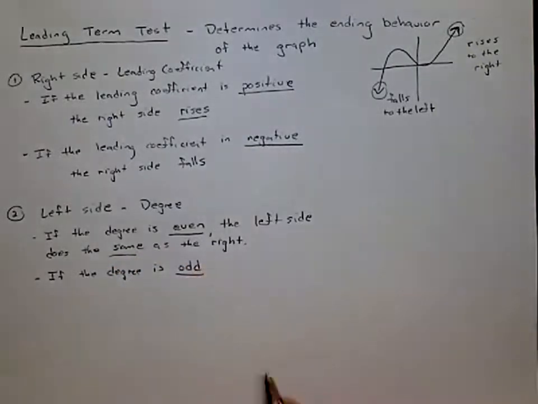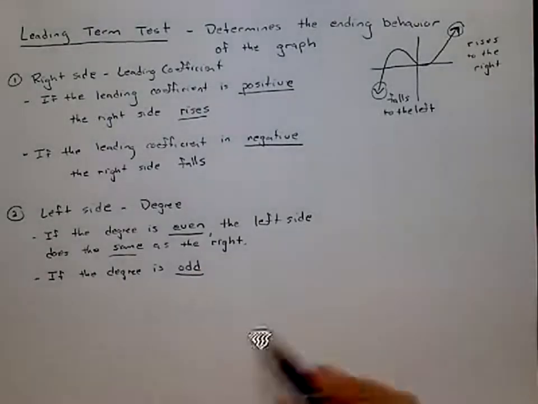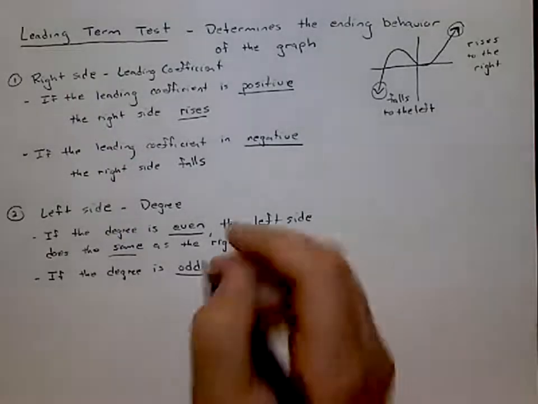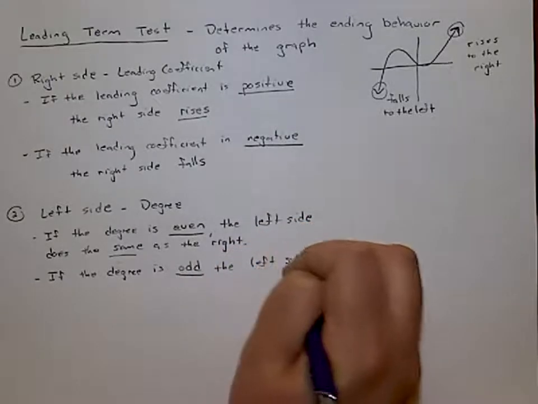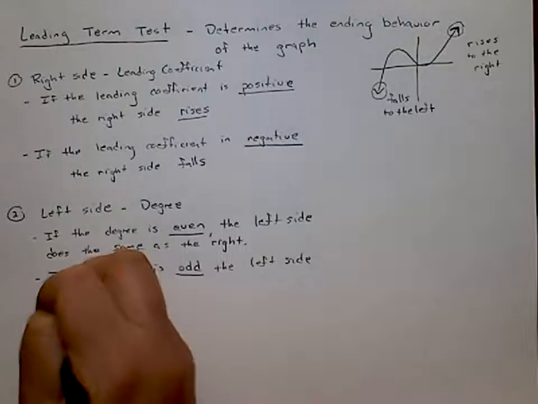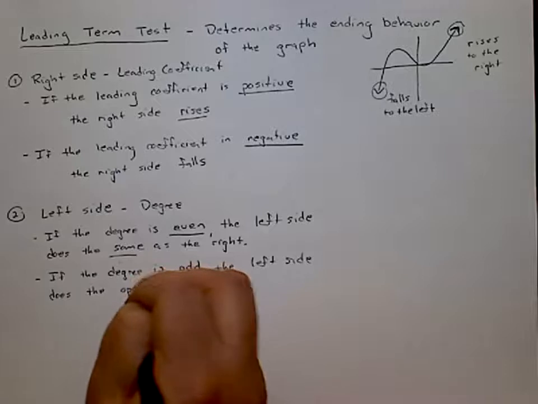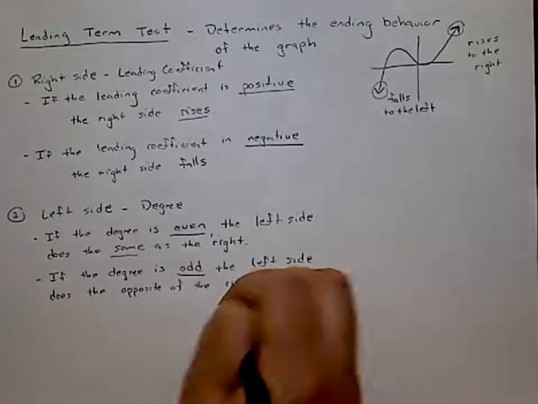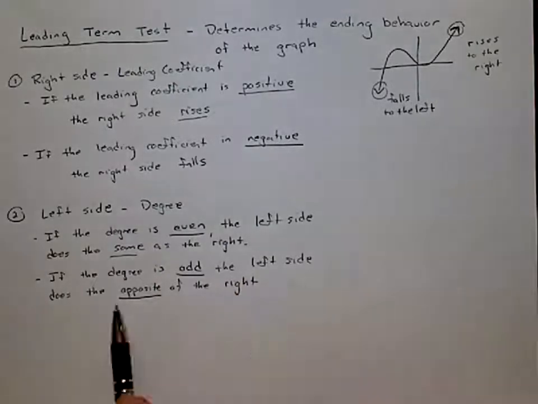So if it's an odd number, like 1, 3, 5, 7, okay, you're not going to see anything above 5, maybe. So the left side does the opposite of the right. Okay. So if your degree is odd, the left goes the opposite way.